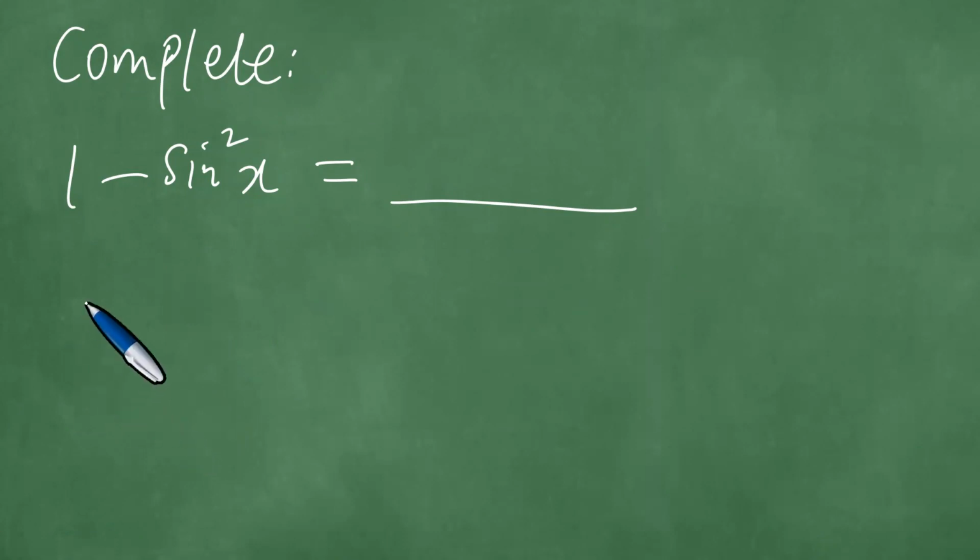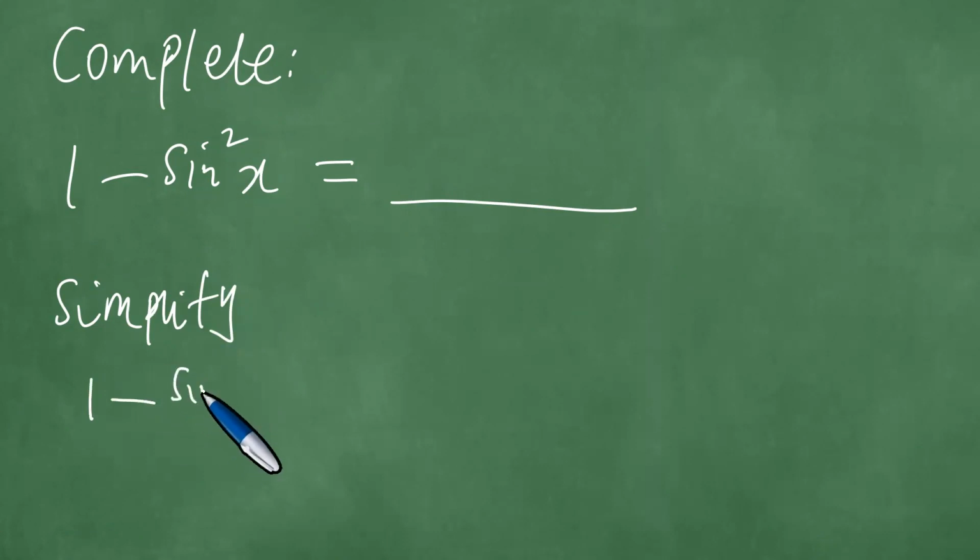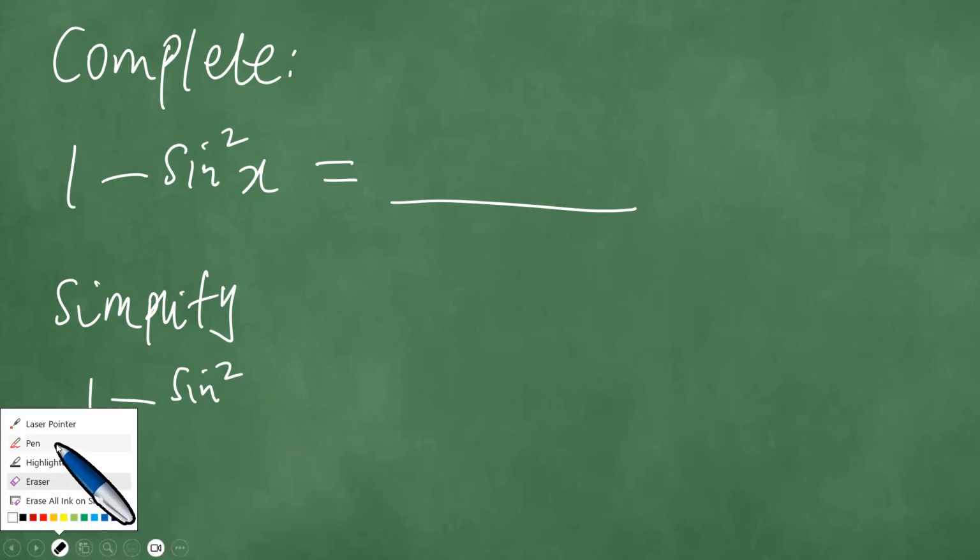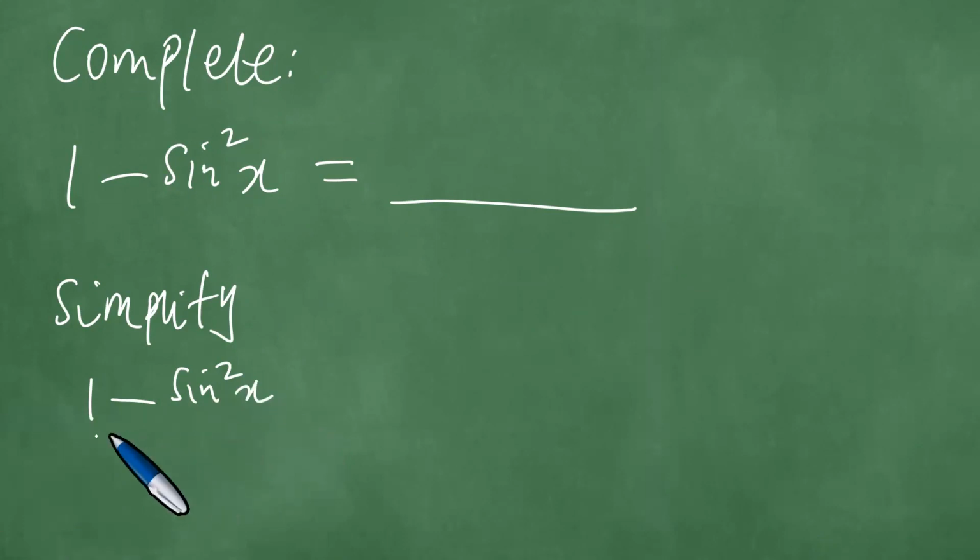And then the next one is you need to simplify 1 minus sine squared theta or x divided by cosine x. Let's see what we can do here.